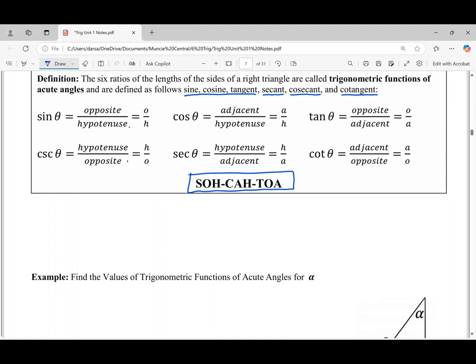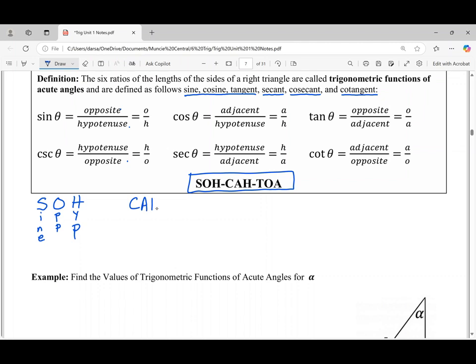So the mnemonic that we are going to use is called SOHCAHTOA. That's what we see here. So, SOH means sine is the opposite over the hypotenuse side. SOH. Sine is opposite over hypotenuse.